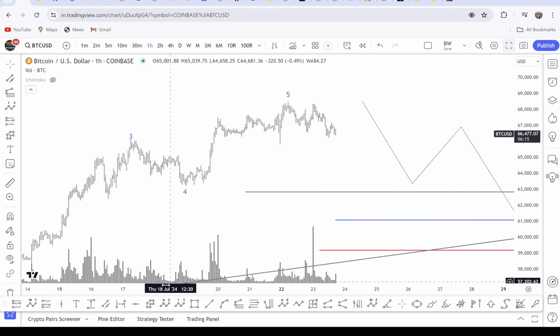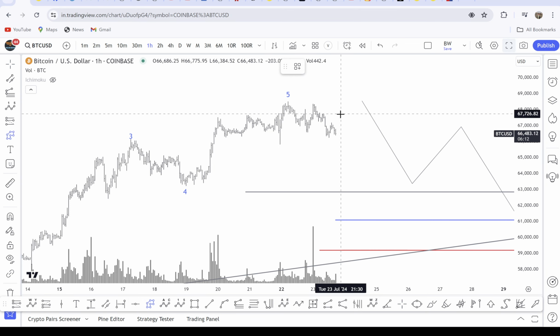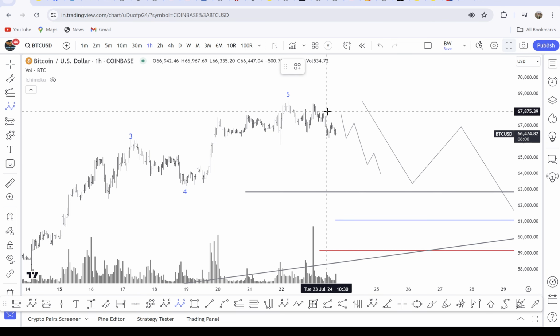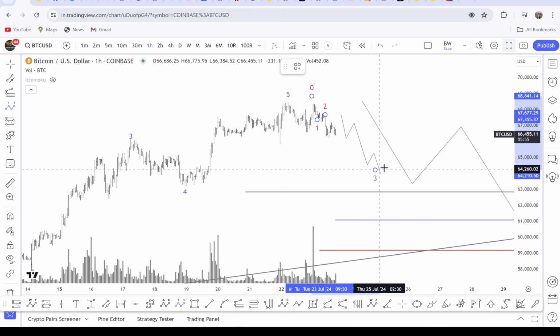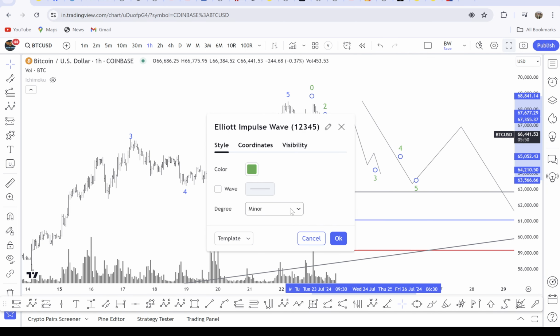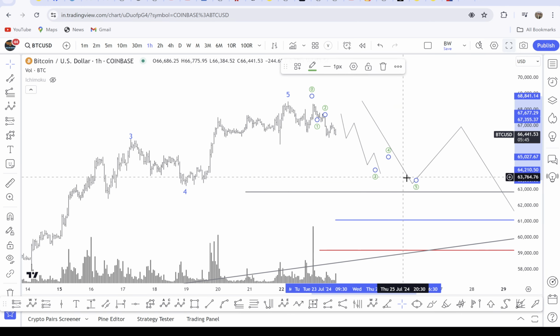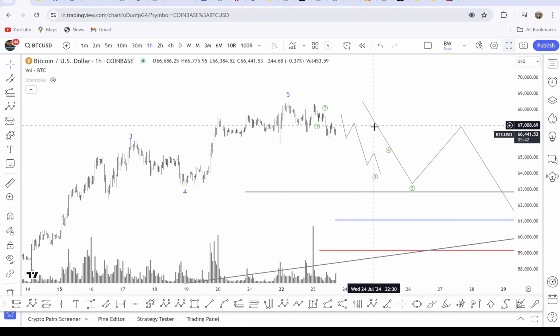So inside the third wave, it's like a wave 1, 2, 3, 4, 5, like this. 0, 1, 2, 3, 4, and 5. Then our first A wave will complete near 63,500.